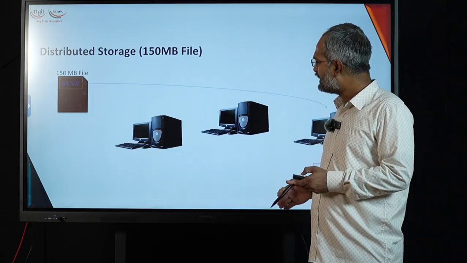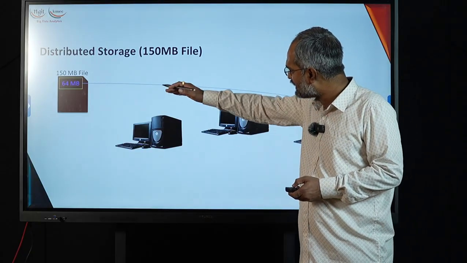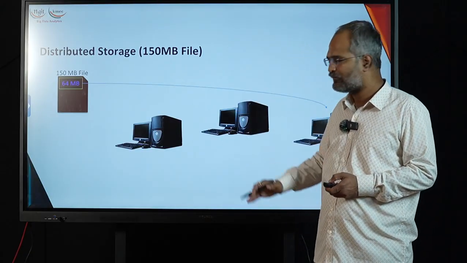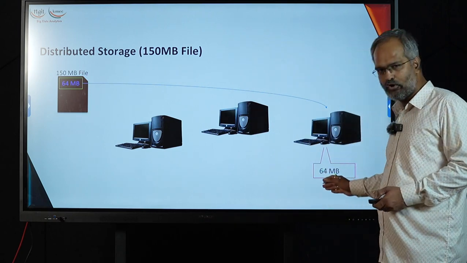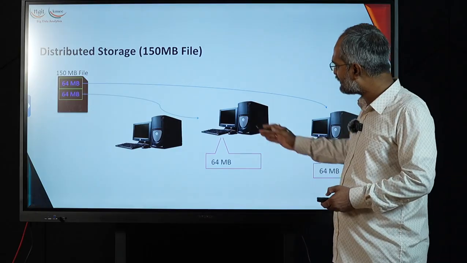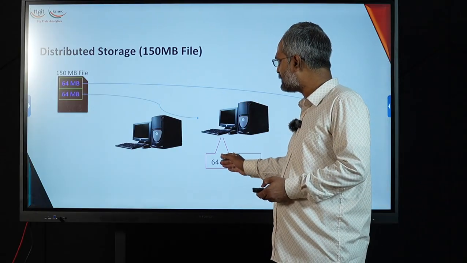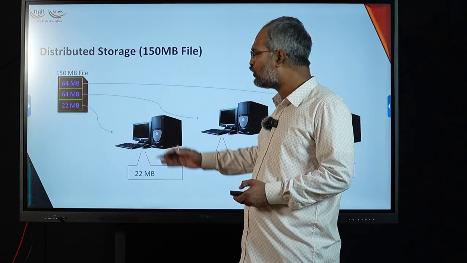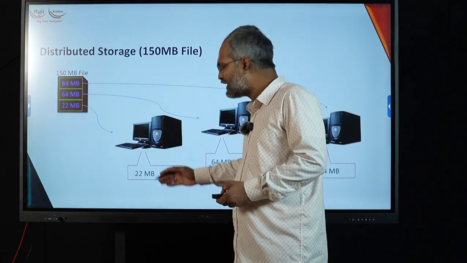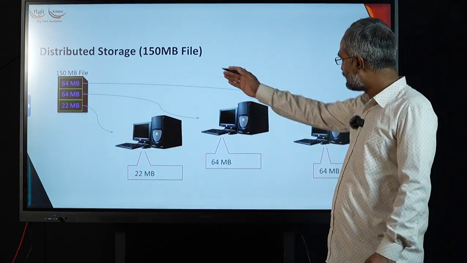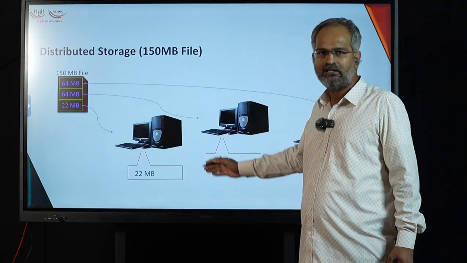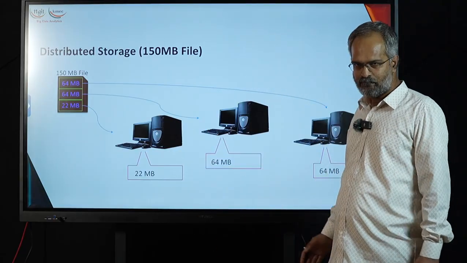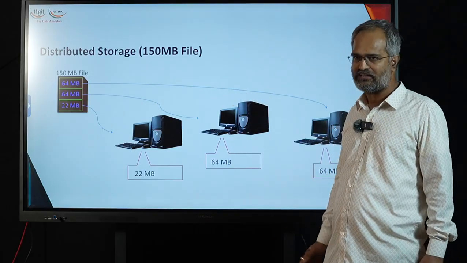We can divide the 150 MB data into 64 MB as the first block, and that can be stored in one machine, the next 64 MB can be stored in another machine, and the remaining 22 MB can be stored in another machine. So that 150 MB file is distributed over the available machines. So this is the distributed storage.